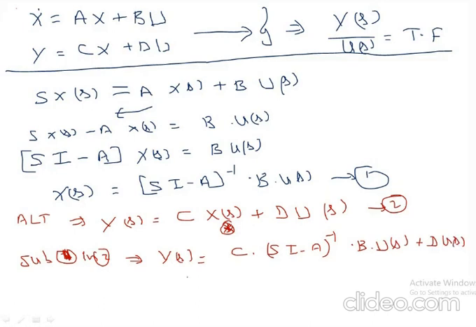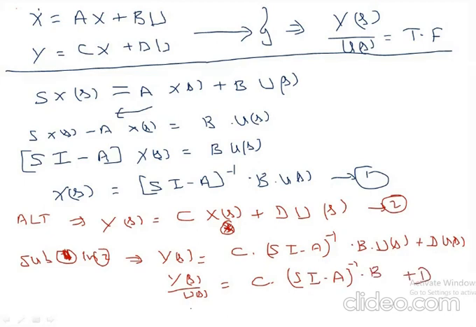Now what is the transfer function? Y of s by U of s. Rearrange that, you will get the transfer function as C into sI minus A whole inverse into B plus D.